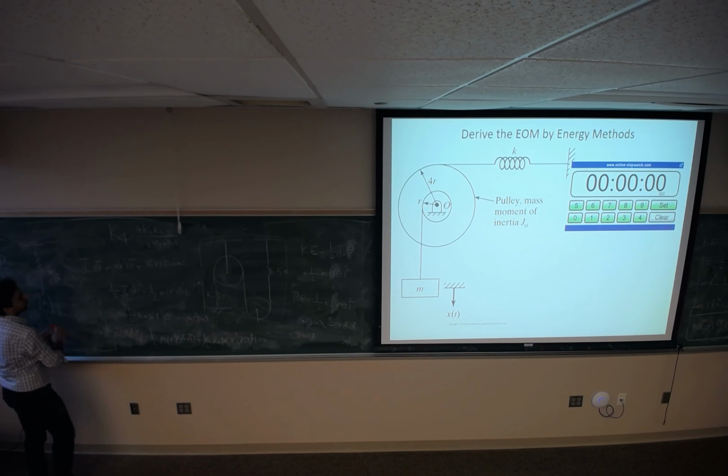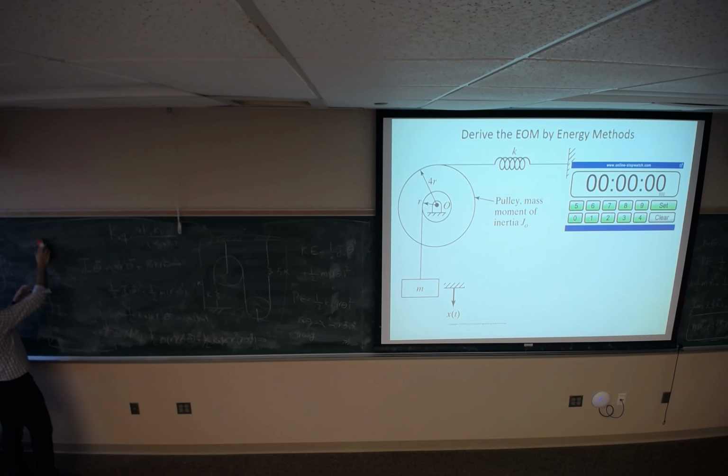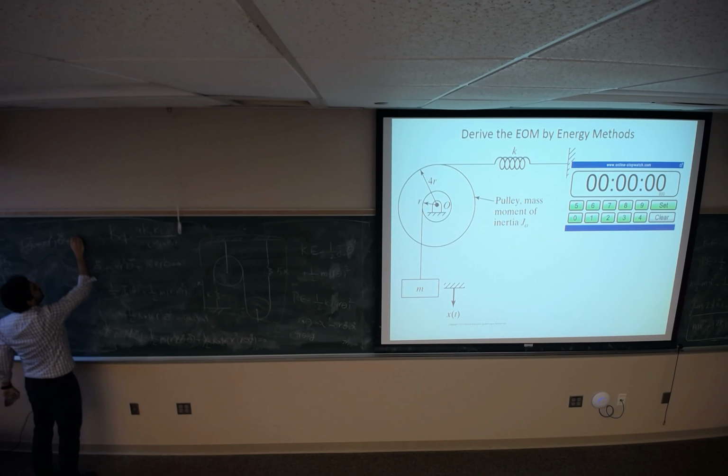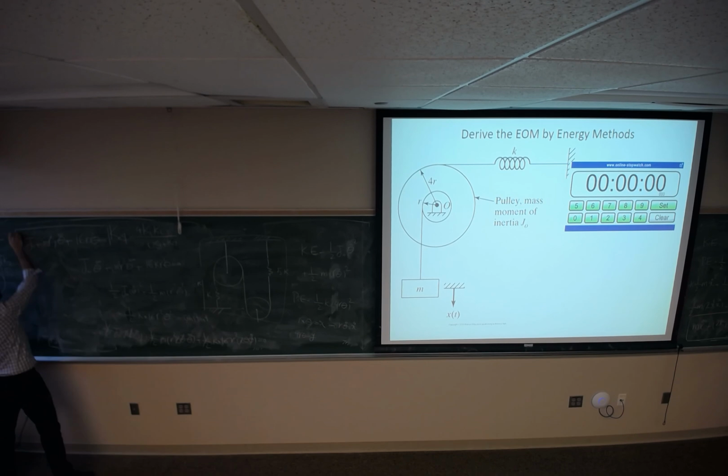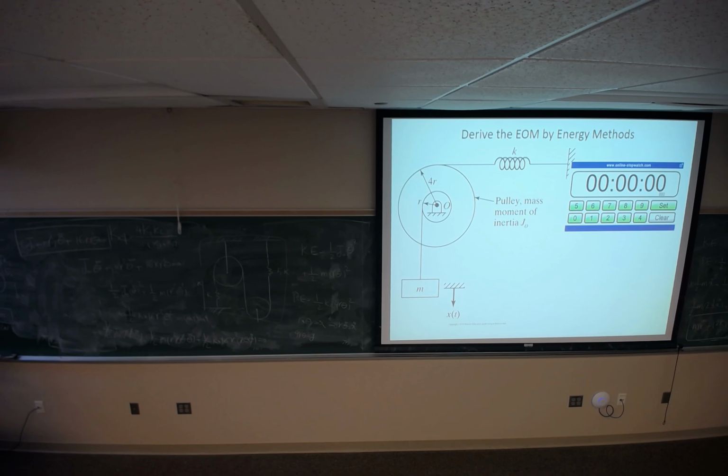So these two you can add up: (J naught plus M R square) theta double dot plus 16 K R square theta equals 0. This is the equation of motion.